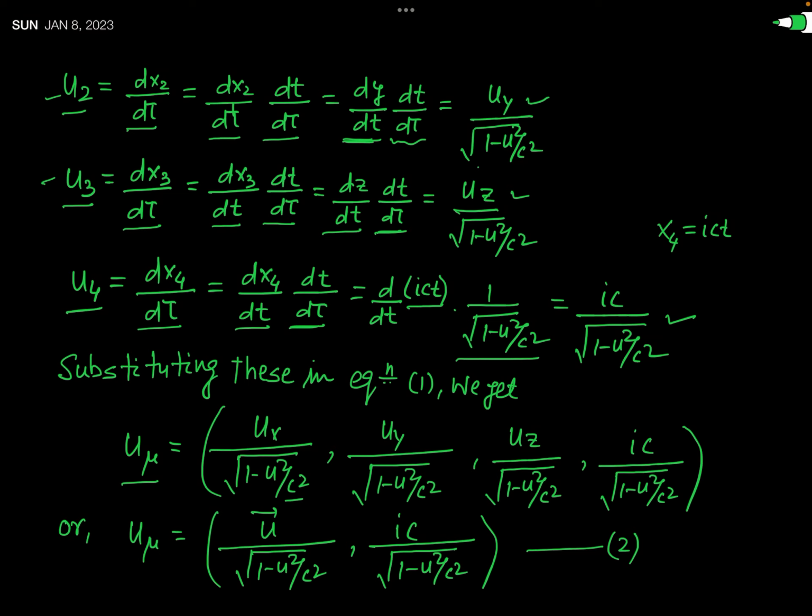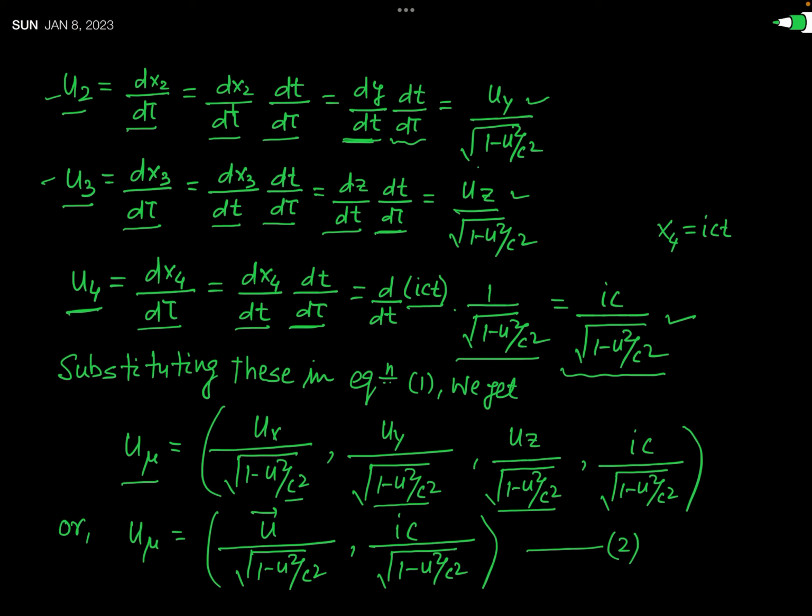And instead of u2, we write uy divided by root over 1 minus u square by c square. And instead of u3, we write uz over root over 1 minus u square by c square. And at the place of u4, this is the expression for u4: ic over root over 1 minus u square by c square.